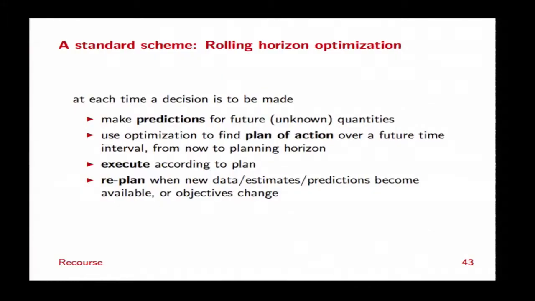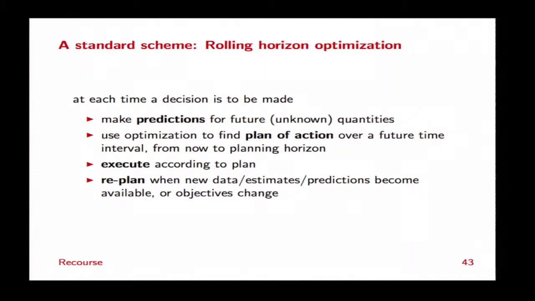Now, the standard scheme for this is rolling horizon optimization. What it means is, right now, you predict what's going to happen in the future. In some cases, you can predict pretty well, like electricity demand. In other cases, like stock asset returns, you don't know. If you could predict well, you would be doing very, very well.